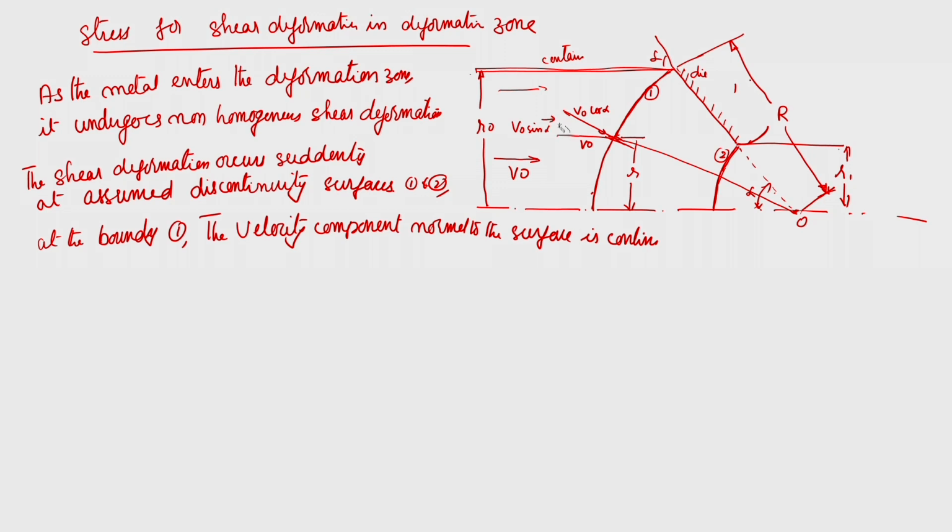There is a small mistake in the way I have drawn it; it will be here, like this, 90 degrees here. So, the velocity component delta v, the velocity discontinuity at the boundary, is parallel to the surface.